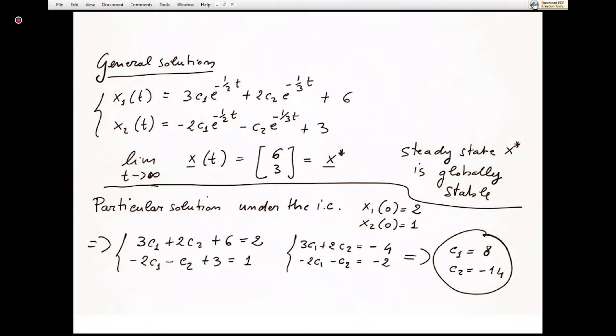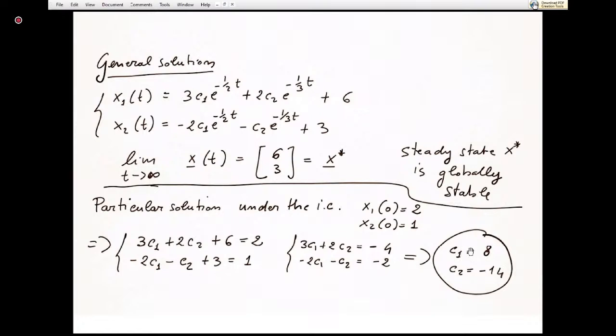Like for the case of one-dimensional equations, but in this case we have two variables, so we have two initial conditions, and I can ensure that the two initial conditions are satisfied by playing with two arbitrary constants, okay? So you see very easily, just solve a linear system.